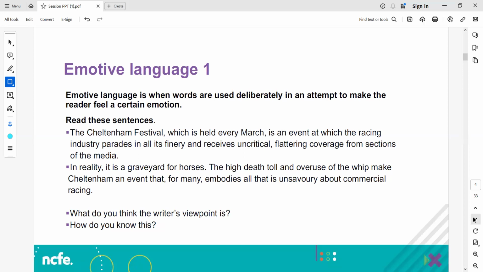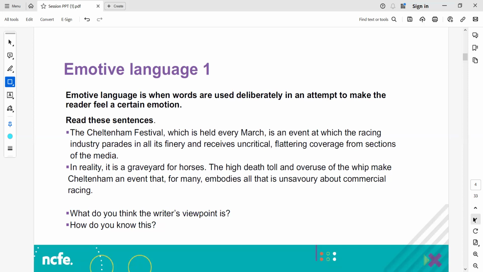In reality, it is a graveyard for horses. The high death toll and overuse of the whip make Cheltenham an event that for many embodies all that is unsavoury about commercial racing.